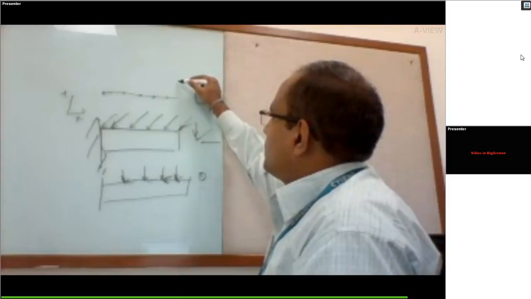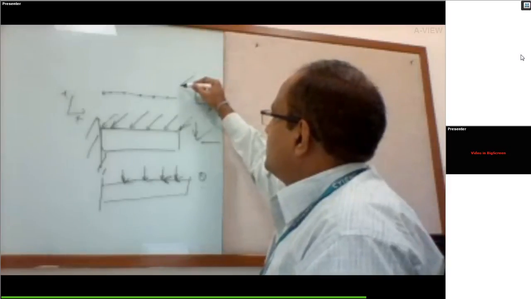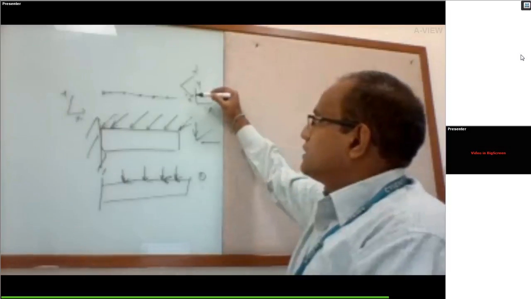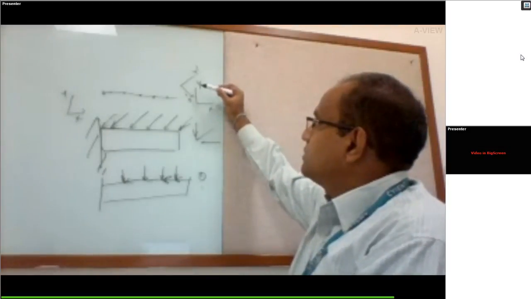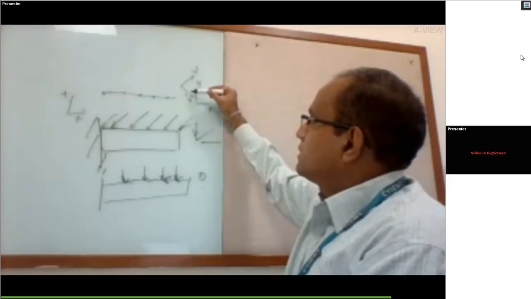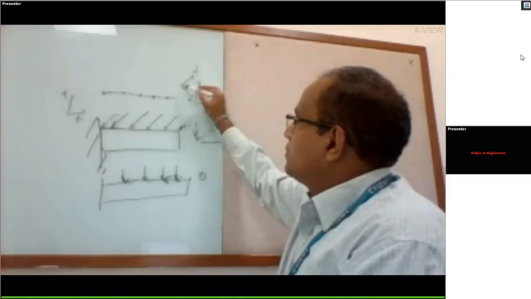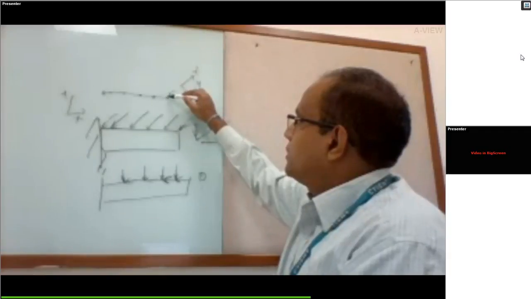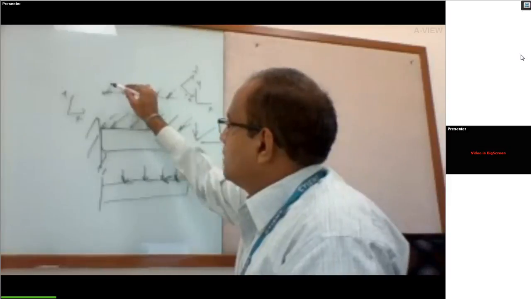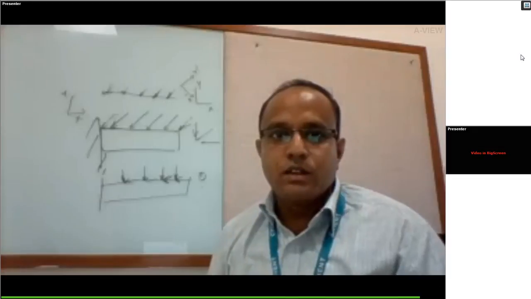If I create a local coordinate system such that my y is aligned this way and x is aligned this way, with y aligned along the load application, then I can rotate the node along this direction. So when I apply an FY load, it will automatically be applied along this direction. This is where we can use the nodal coordinate system.